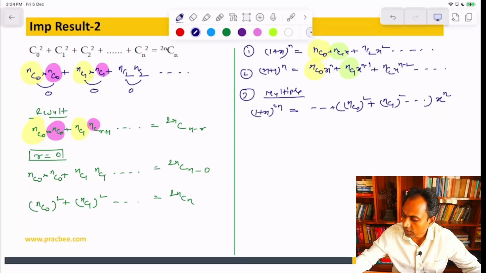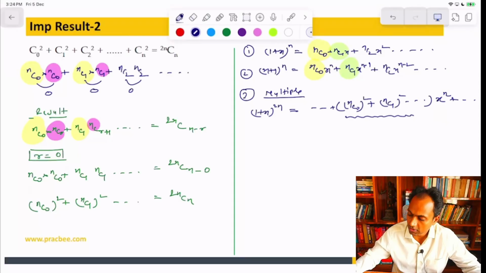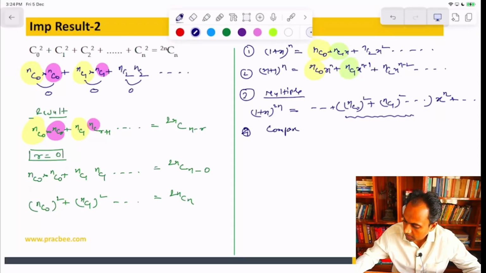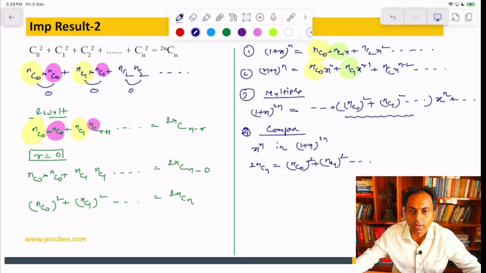So what we want is not all the terms, but the coefficient of x raised to the power n on both the sides. So in the fourth step, if I compare, what I want is the coefficient of x raised to the power n in (1 plus x) raised to the power 2n, and that is 2nCn. And that becomes the sum of my series nC0 whole square plus nC1 whole square till nCn whole square.